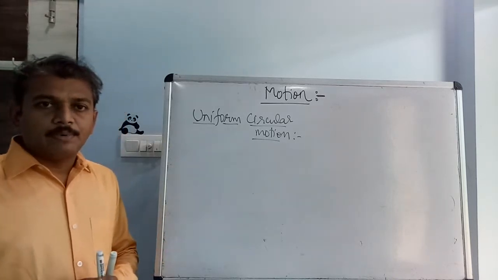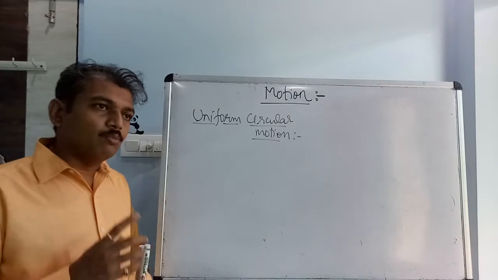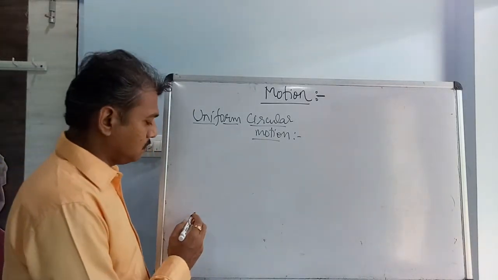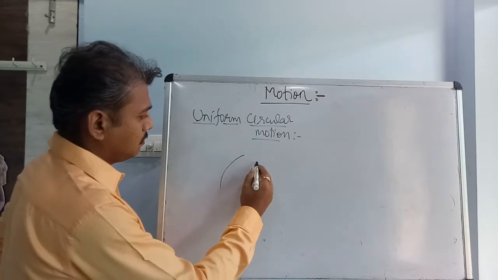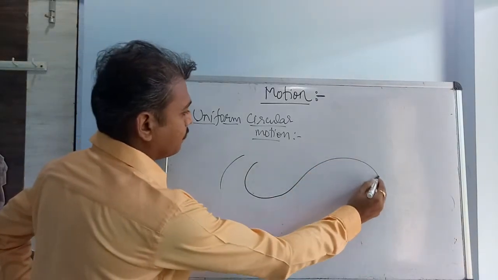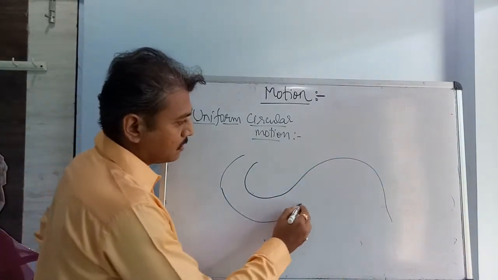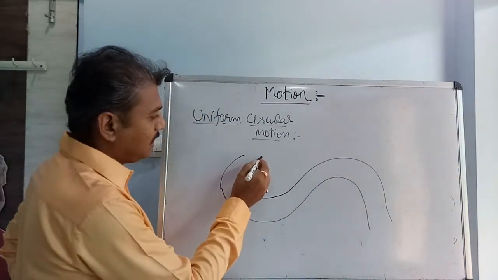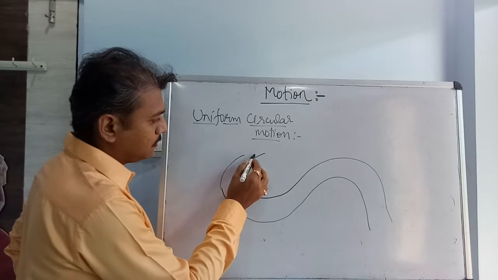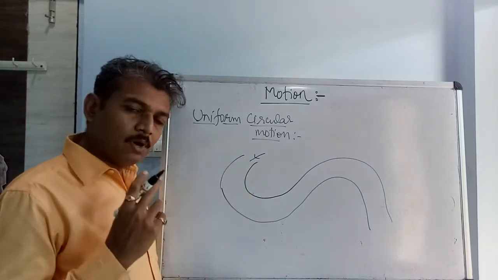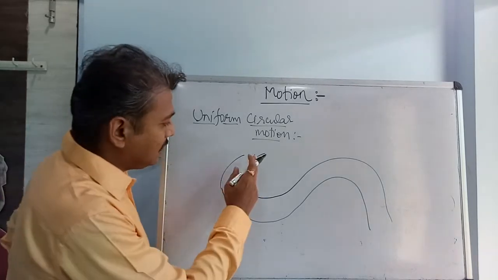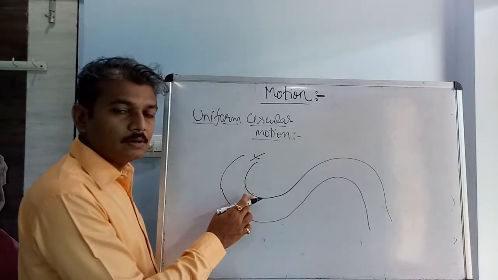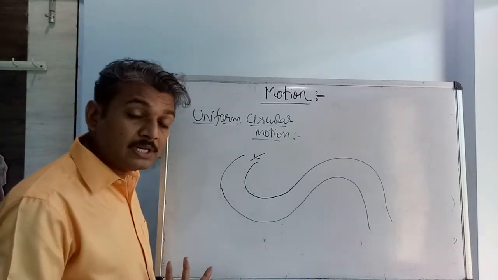One more easy example, have you seen a Formula 1 race where the bikers are racing on certain tracks? When they are taking a turn, have you ever noticed that they take the turn from the inner circle, because they cannot reduce the speed?